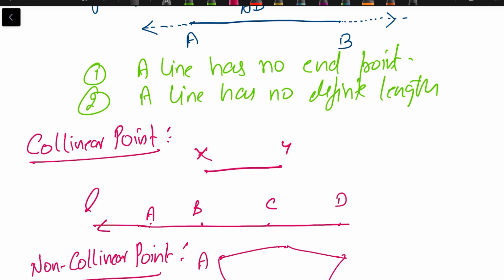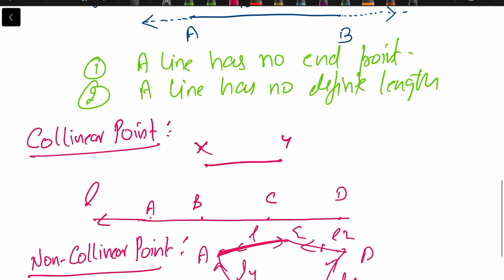Let's take these as A, B, C, D, E. These lines we can draw: this is line L1, L2, L3, L4, L5. They have their own lines. Sorry, this is known as non-collinear points.